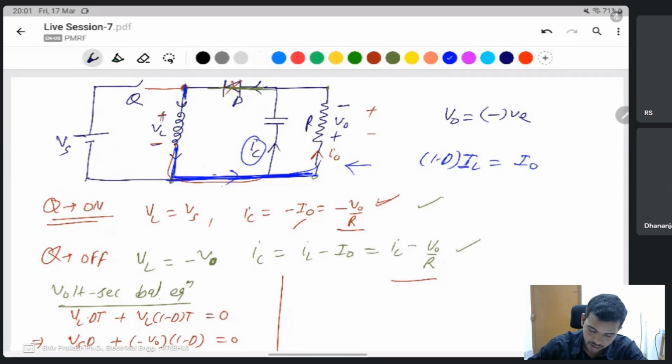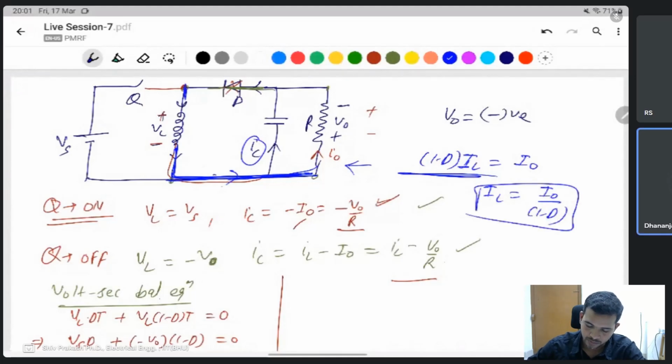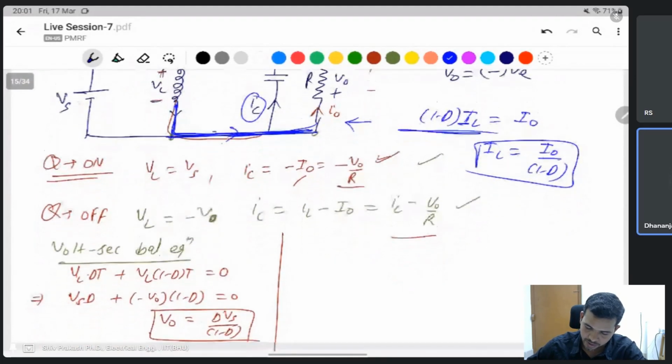When the switch is off, at that time the average current flows through the output, because the average current of the capacitor is 0. That's why you can take 1 minus D into IL is equal to I naught. From here, I naught divided by 1 minus D. It is the same as the boost converter.